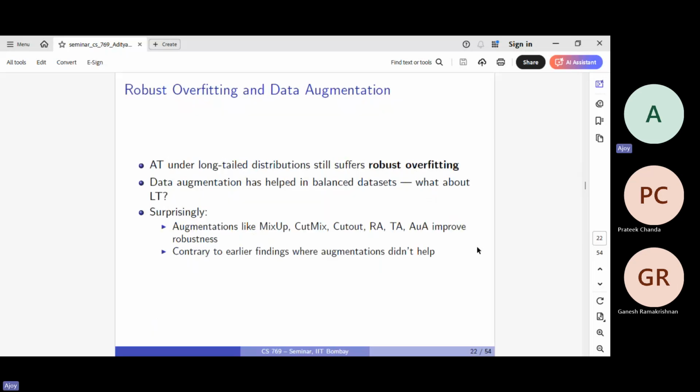So even though it's a good mechanism, it still suffers from robust overfitting. So what we do is we use data augmentation. As we know, data augmentation has helped in balanced data sets, and augmentations have worked very well on long tail distributions as well. So we have augmentations like MixUp, CutMix, Cutout, RandAugment, TrivialAugment, and AutoAugment. These all have worked very well with long tail distributions.